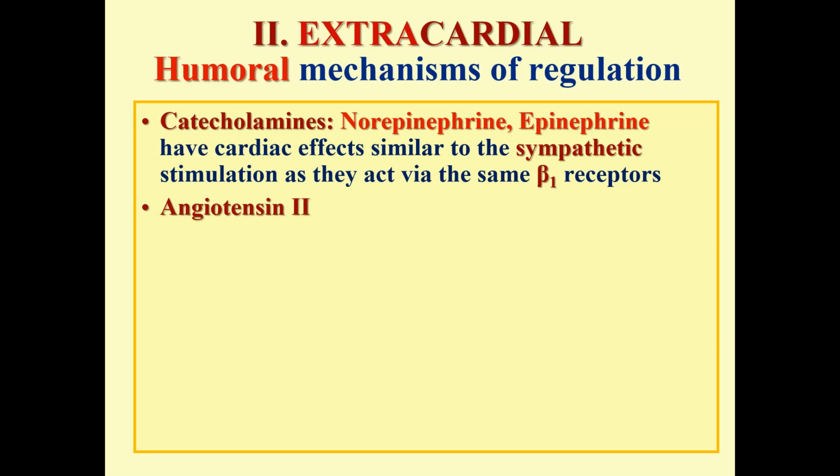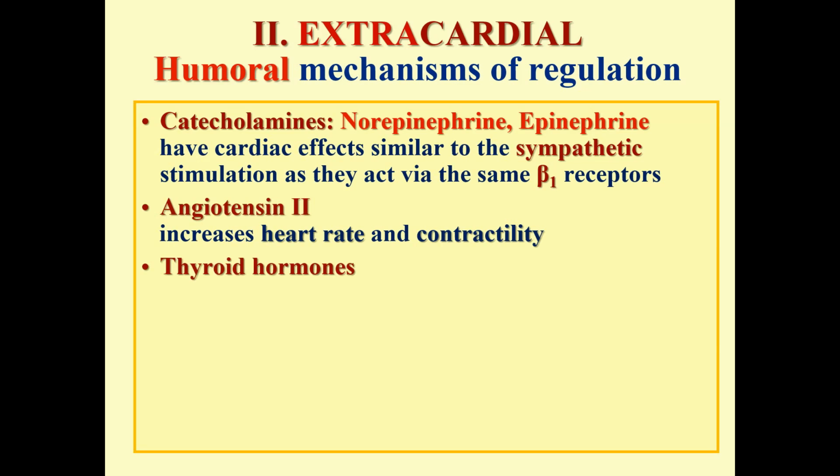Then angiotensin II, this substance we'll repeatedly consider more and more. This substance, according to its name, angio, vessel, and tension, it's clear, will produce vasoconstriction. It's a powerful vasoconstricting substance, but it also has its influence on the heart and predominantly increases heart rate, but also contractility. Then thyroid hormones.